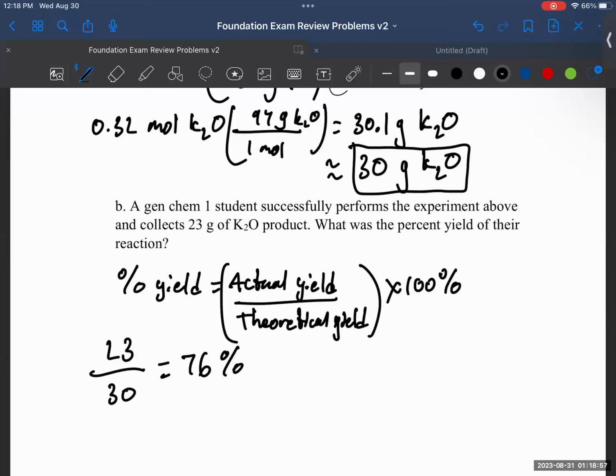All right, we got a couple no's. Raise your hand for yeses. Yes, we do care about sig figs. Raise your hand for no, we do not care about sig figs.